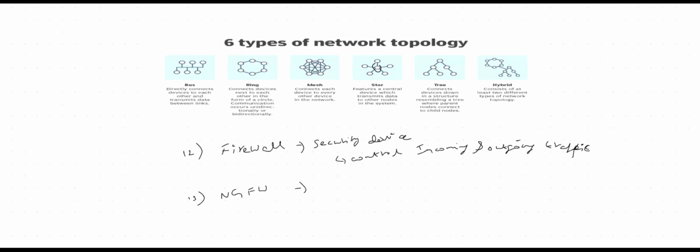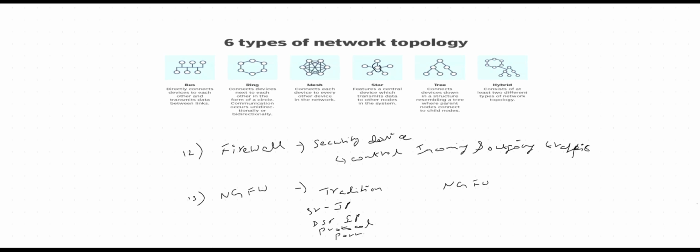The traditional one only checks the source IP, destination IP, protocol, and port. It will not check anything apart from that.